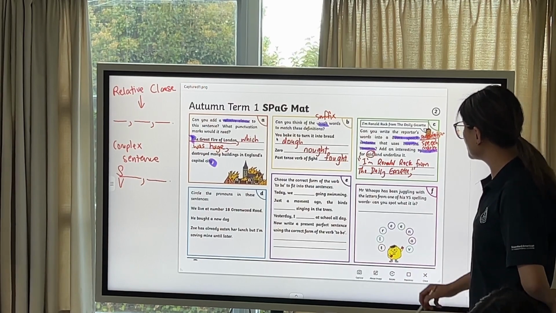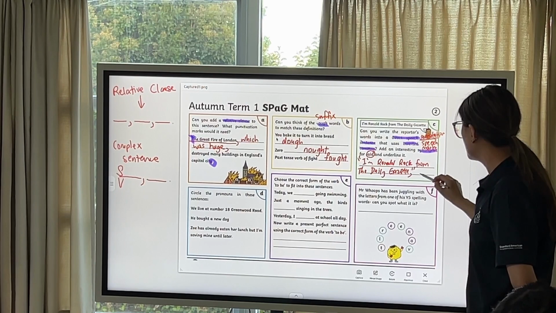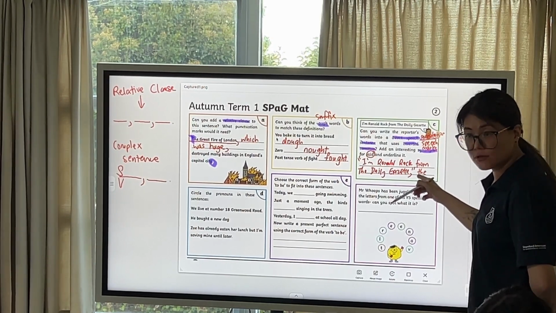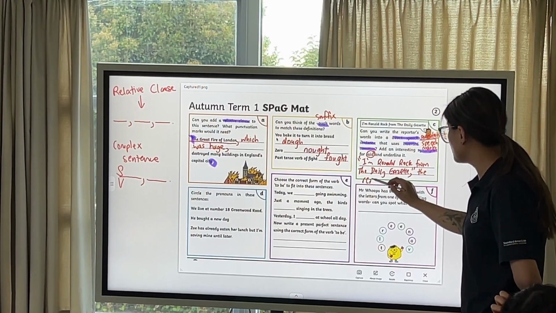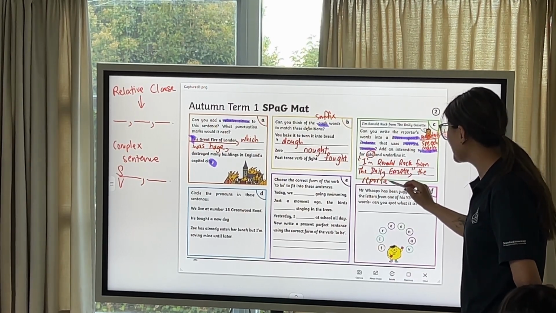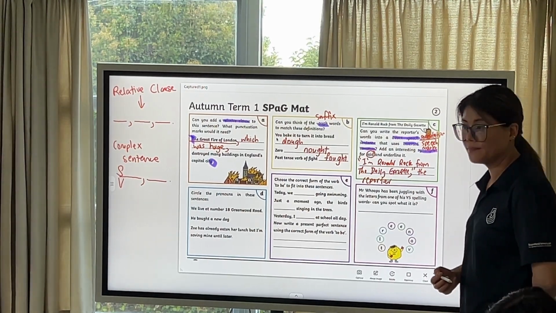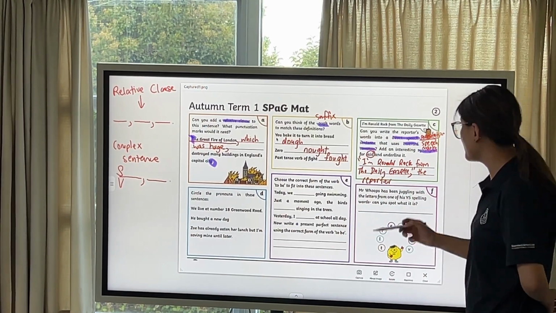I'm Ronald Rock from the Daily Gazette, the reporter. So again, no capital letter because we're still in the same sentence, right? The reporter declared. That's a good one. Exclaimed. Okay. All better than just said.